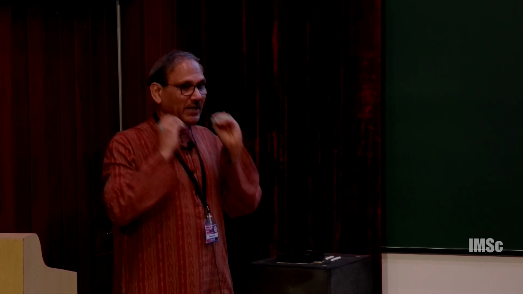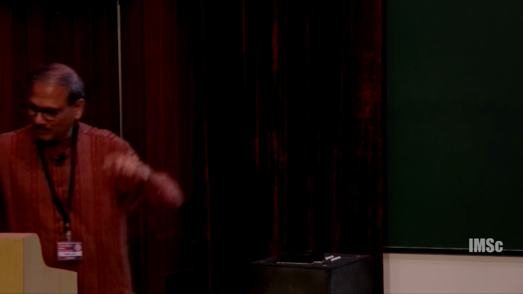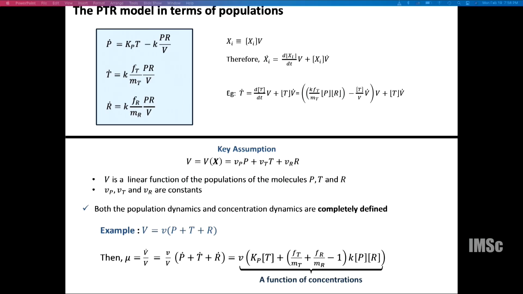But all that is eventually coming in the first term in those equations. Look at it. This term, P dot, is K_P T. This is a positive term. This is where the transporters are getting your stuff in, and this K_P hides a lot of complexity.